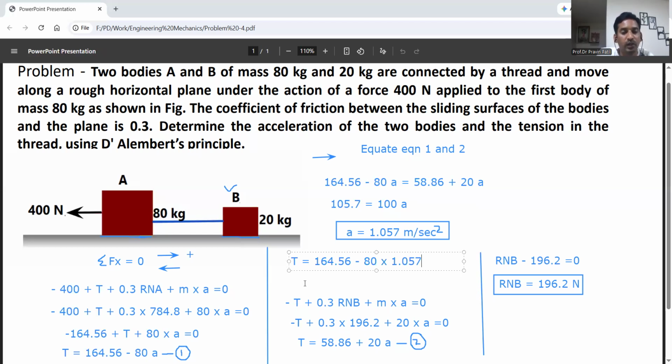Tension in the thread is equal to 164.56 minus 80 into a, which is 1.057. We get T is equal to 80 Newton.